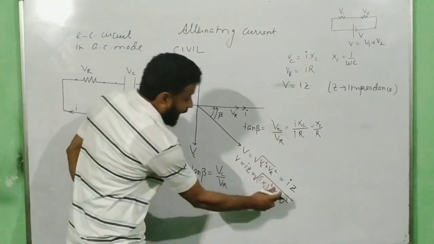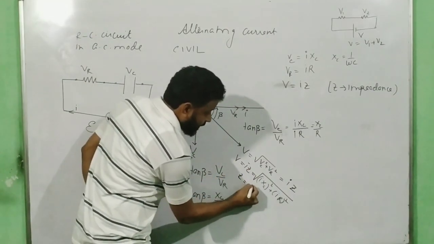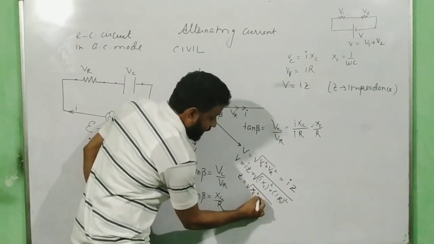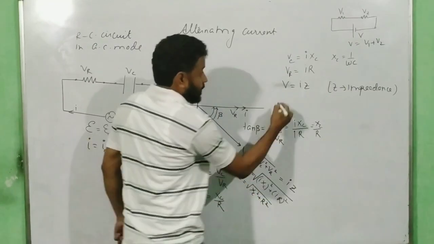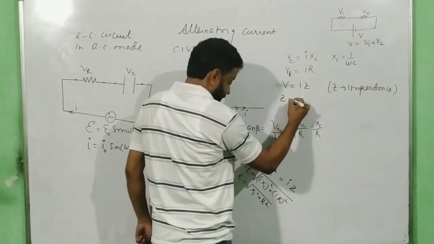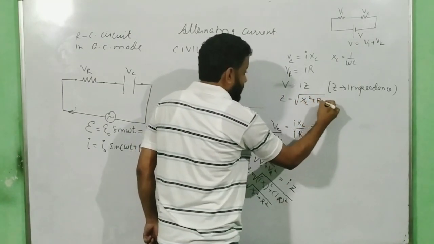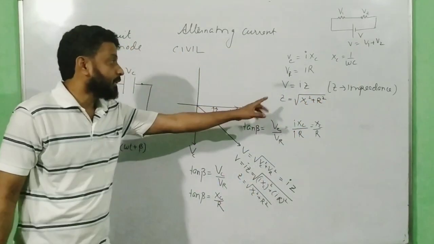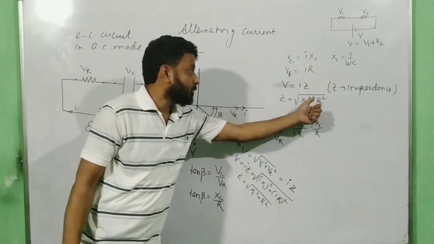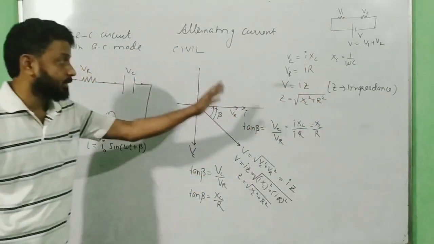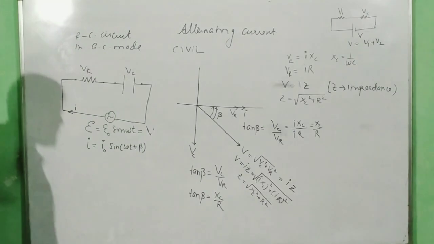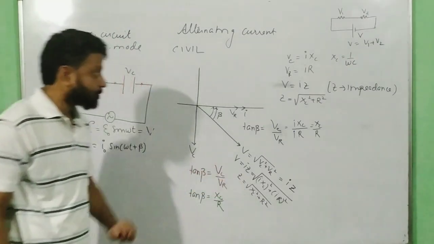And now if I take I common, I am left with Z. Z is equal to root over of XC square plus R square. So here I can write Z as root over of XC square plus R square. Now this is the impedance of a combination between resistance and capacitance, root of XC square plus R square. So this is the value called Z. Okay.